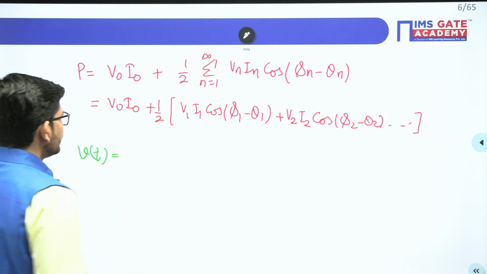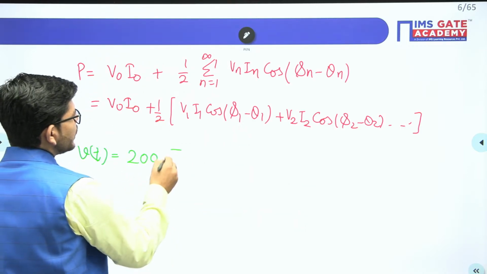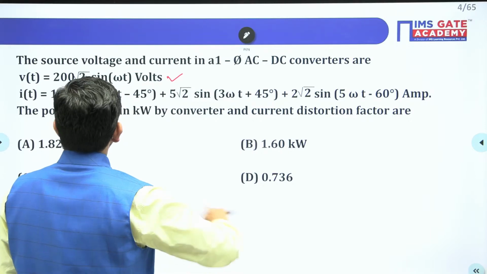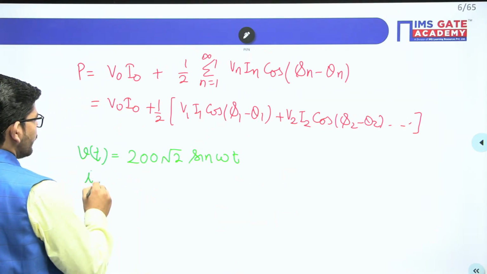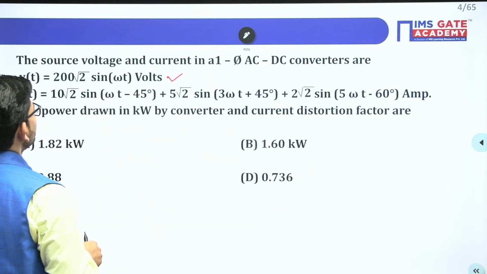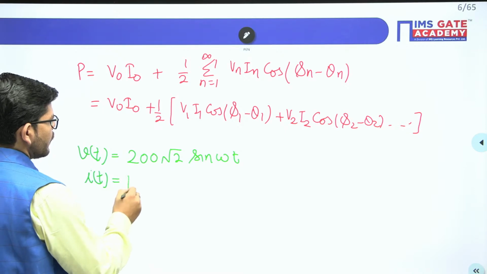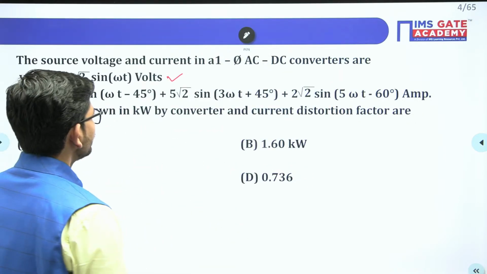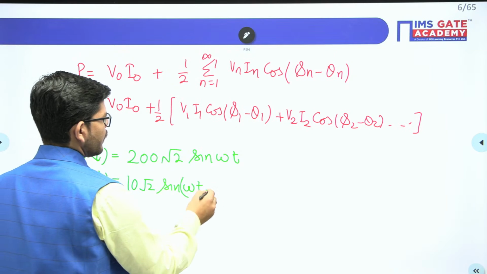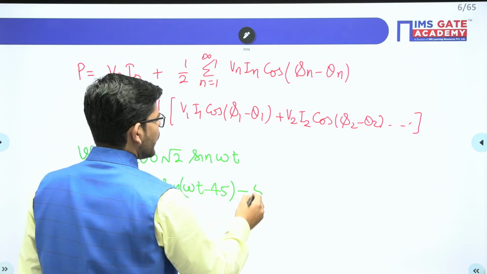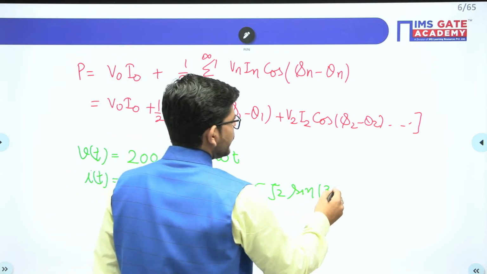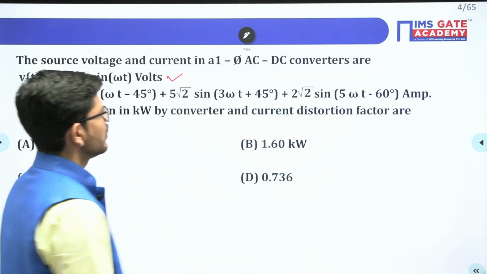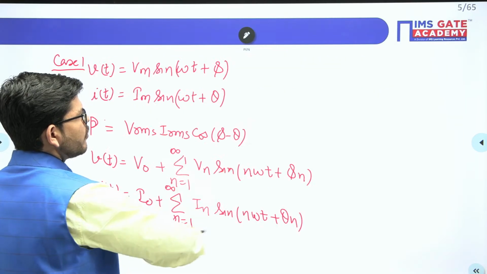So the voltage given to us is 200 root 2 sine omega t, and the current given to us is 10 root 2 sine(omega t minus 45), then 5 root 2 sine(3 omega t minus 30), and after that 2 root 2 sine(5 omega t plus 60).